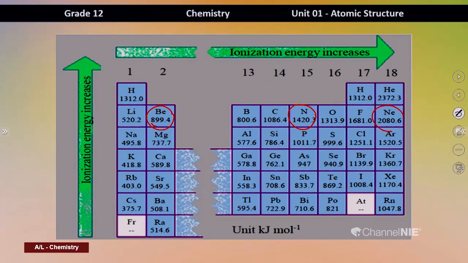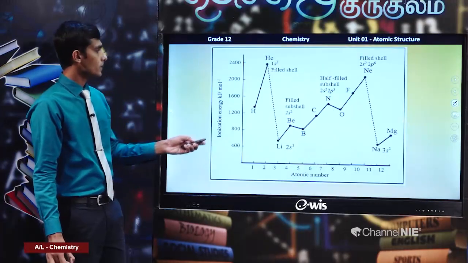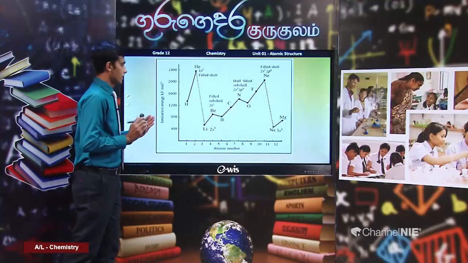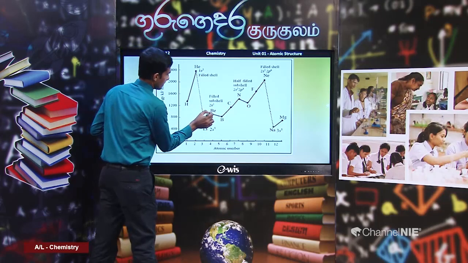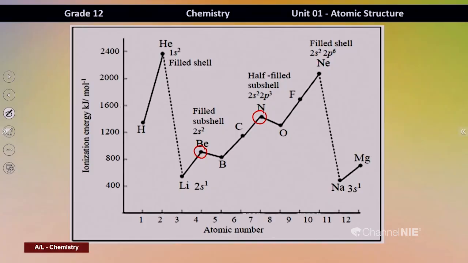Then neon 2080. So this is clearly shown here. Right, there you can see beryllium, nitrogen and neon values are quite greater than the common trend, the general increase of the ionization energies.